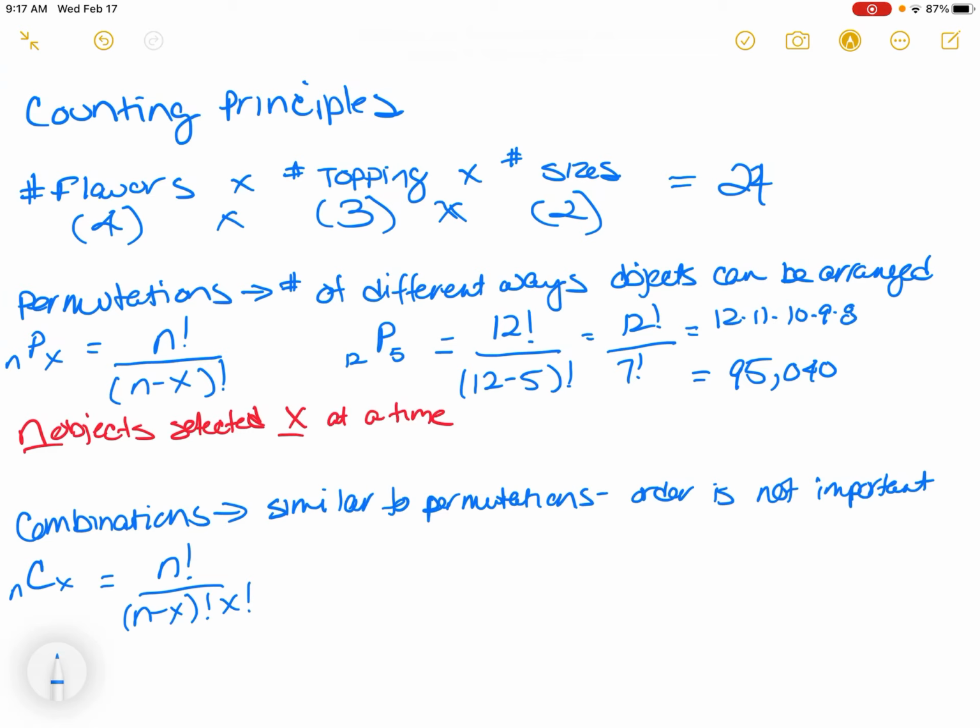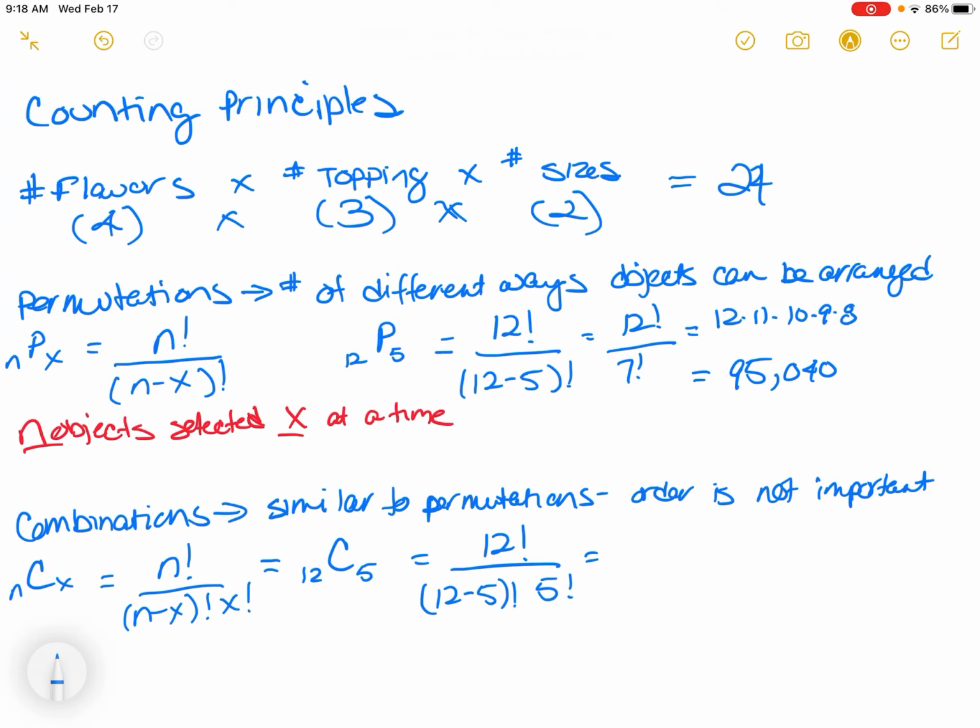And so if we were to do the same thing with combinations, meaning the order that the names are called is not important, we're just going to call these 5 names, right? That would be equal to C of 12 and 5. For this particular situation, like I said, order does not matter. So the formula would be 12 factorial divided by 12 minus 5 factorial times 5 factorial.